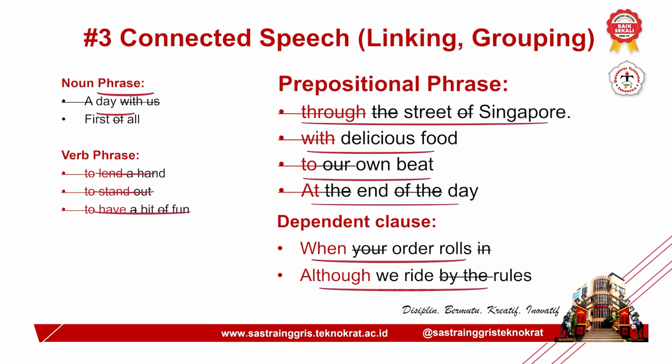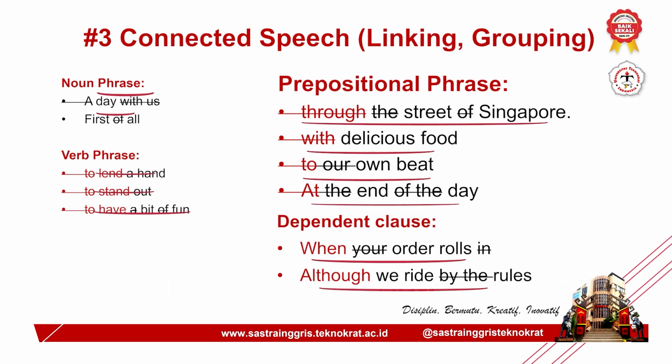From noun phrase, now move to the verb phrase. Verb phrase means that it starts with verbs. For example, to lend a hand. But because we have learned about the weak form, that to is pronounced as the, you can say it to lend a hand. Okay?